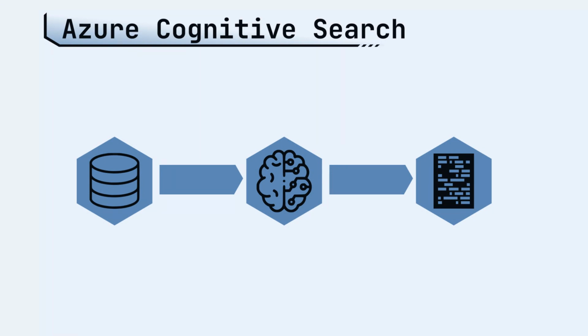Not only does this AI enrichment produce a more useful search experience, the insights extracted by your enrichment pipeline can be persisted in a knowledge store for further analysis or integration into a data pipeline for a business intelligence solution.